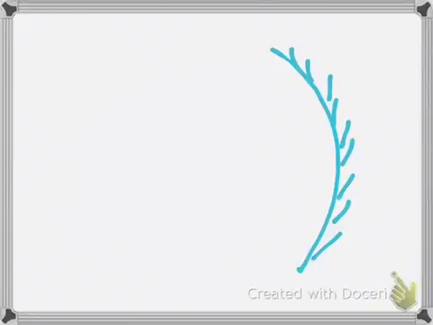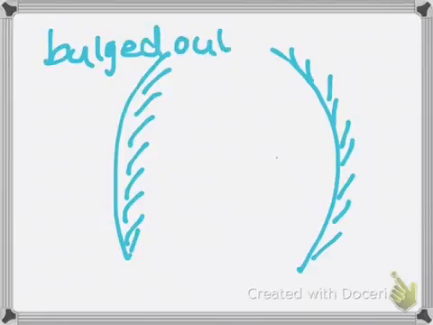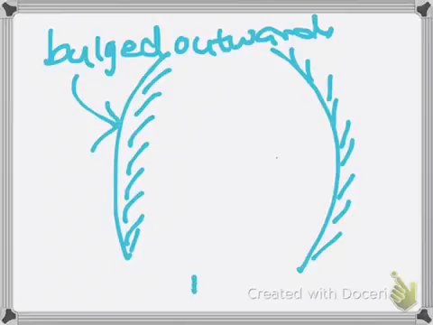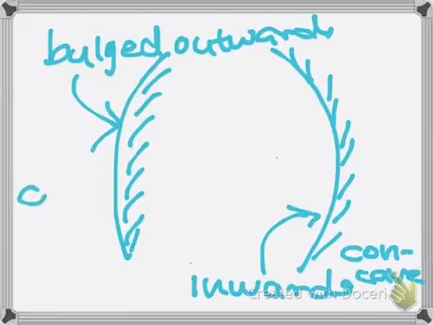So a spherical mirror's reflecting surface is of two types, okay? The one that is bulged outwards, this one, and the one bulged inwards, which is this one. So this one is basically called concave. This one is called convex.